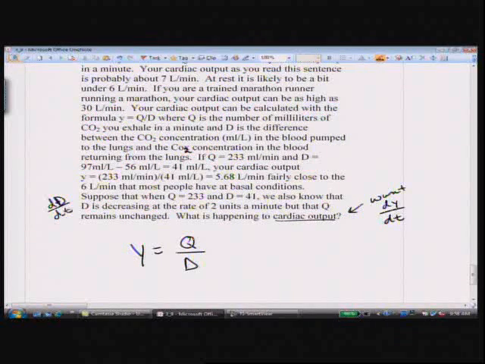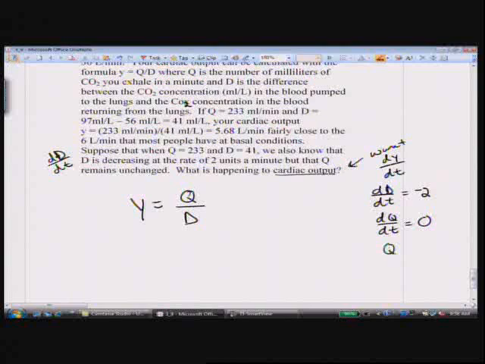They tell you it's decreasing, that Q is not changing, and this is your Q and this is your T. So dD/dt is decreasing, so it's -2, and they tell you that dQ/dt is unchanged, so it's 0. It has no change, okay? And we know that Q is equal to 233 and D is equal to 41.